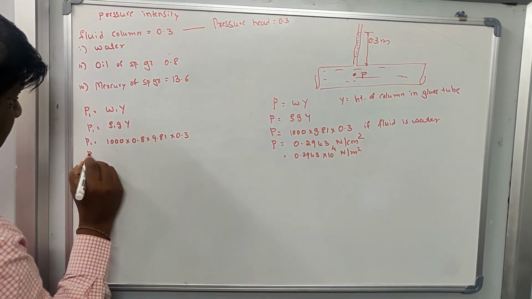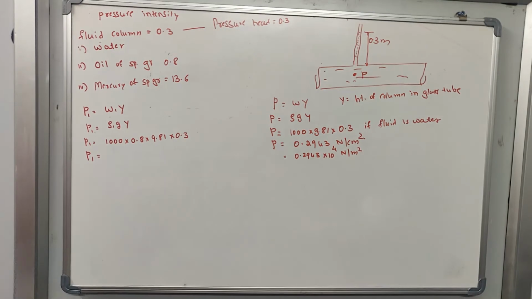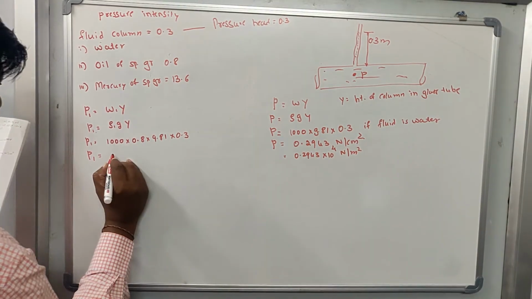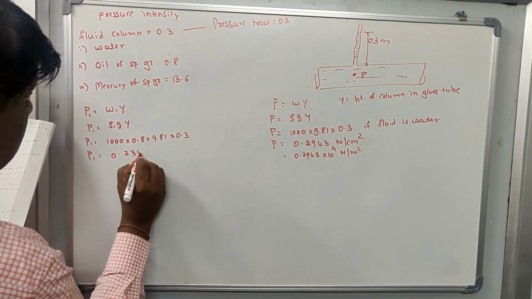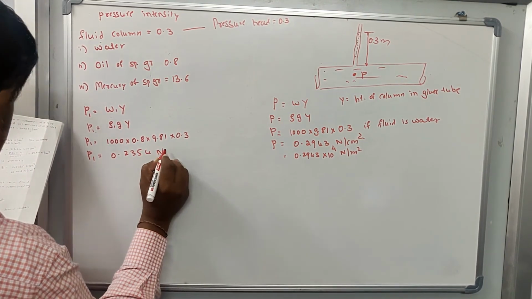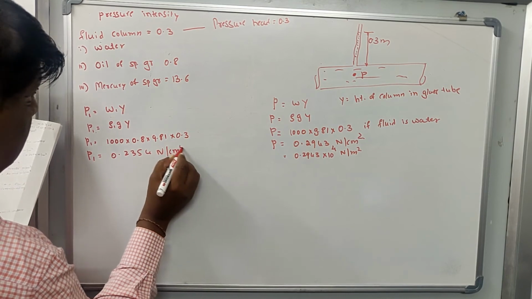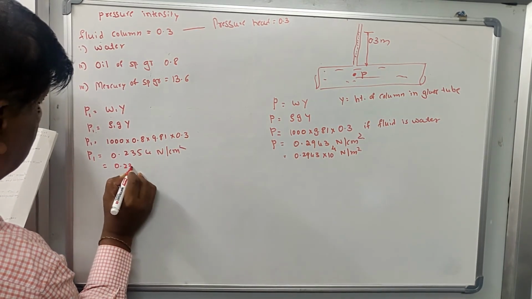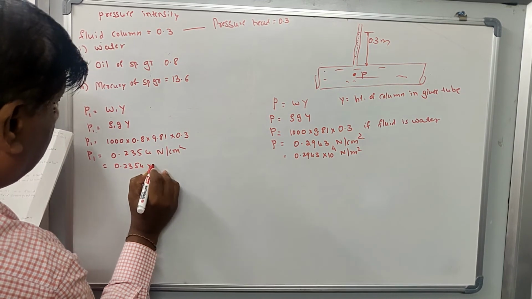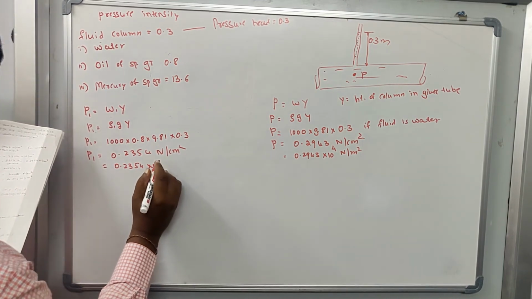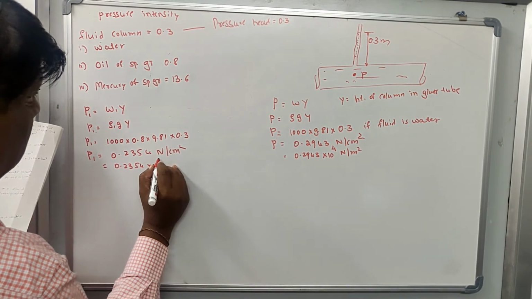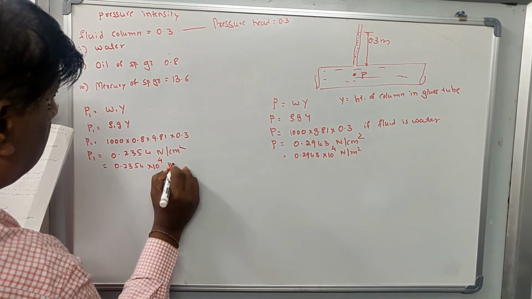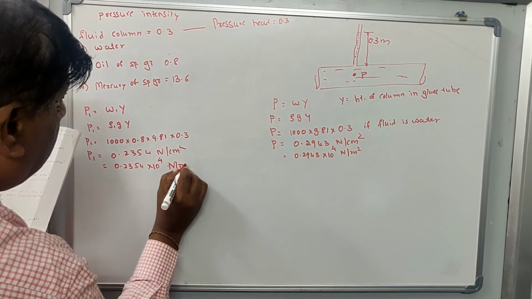Therefore, the pressure intensity at point P is 0.2354 Newton per centimeter square, or it is 0.2354 into 10 raised to 4 Newton per meter square.